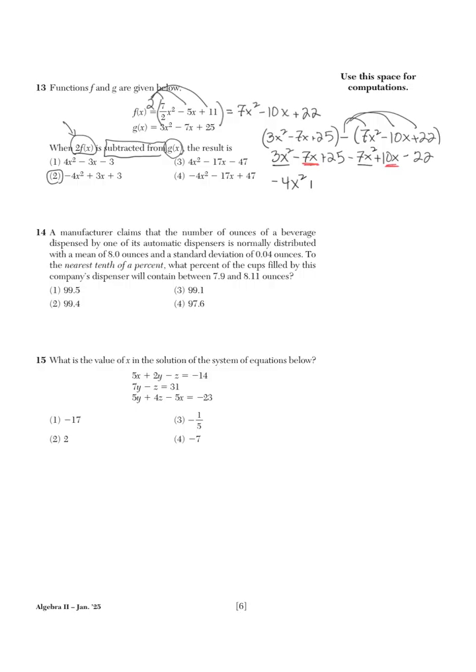So that's going to give me plus 3x. And then lastly, the 25 and the negative 22, those are like terms as well. And that's going to give me plus 3. Number 14, the answer is choice 3.